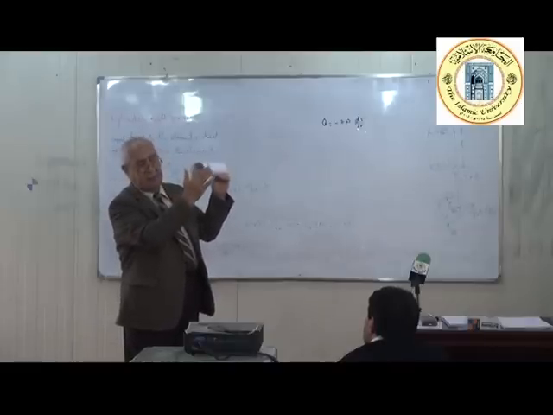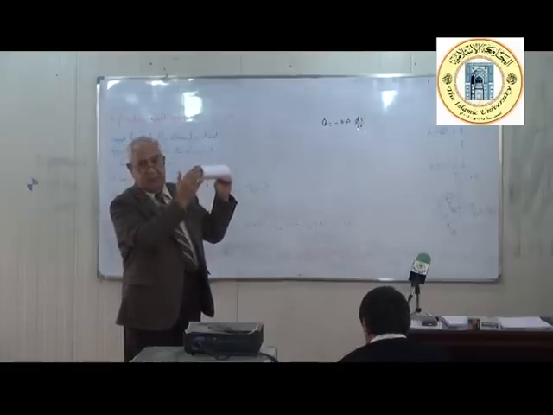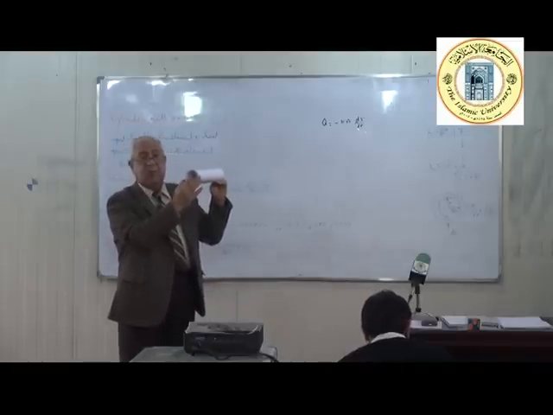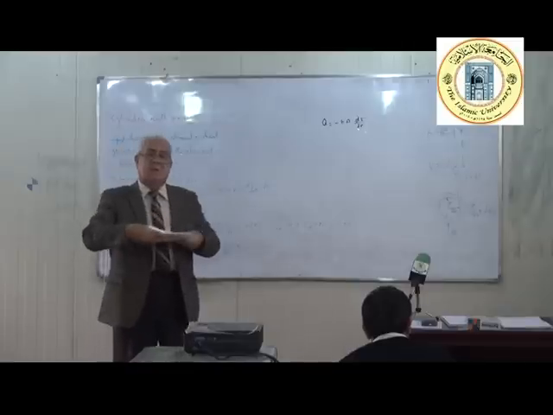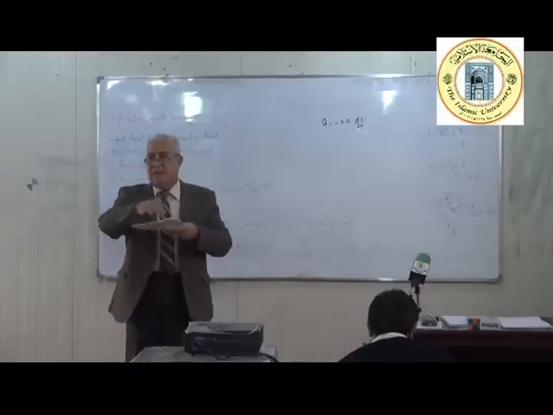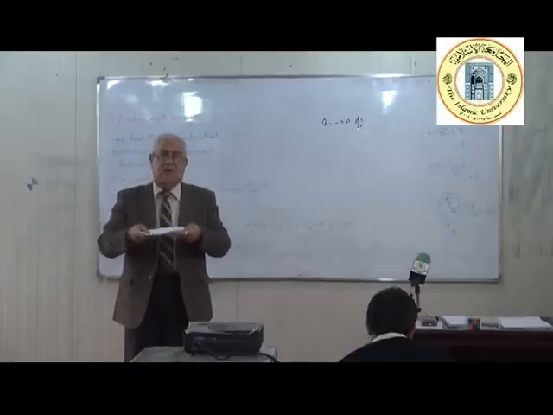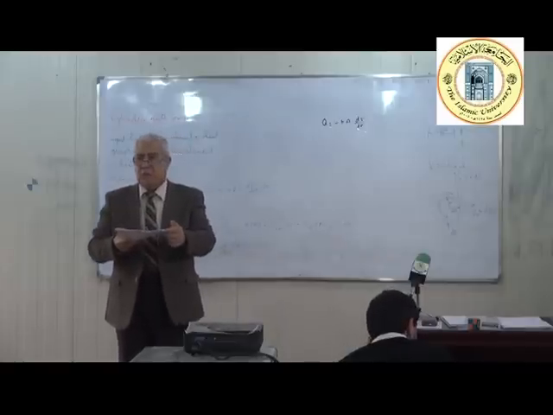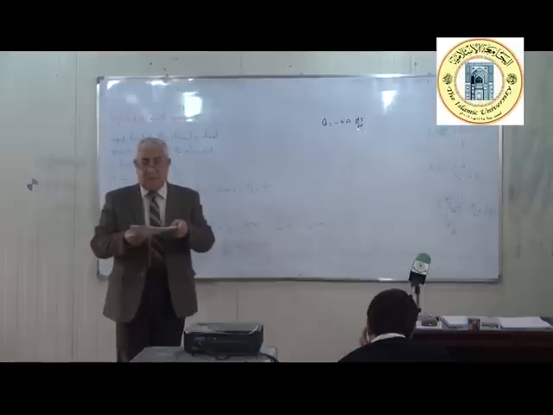I will say the perimeter of this cylinder, 2 pi r, is equal to the length of this flat surface.